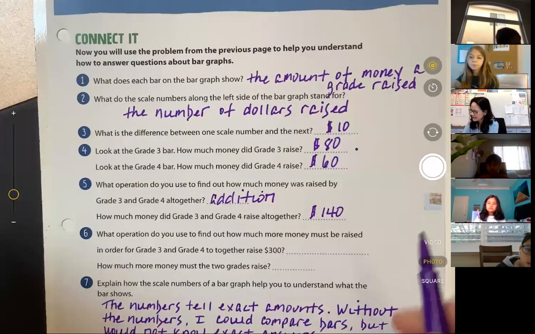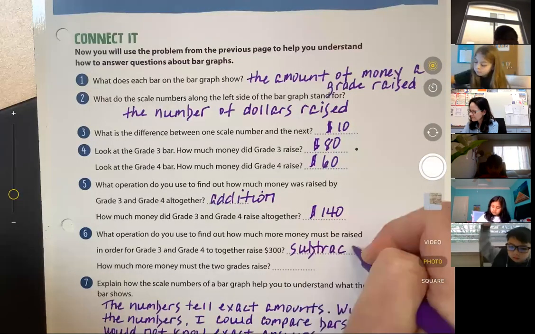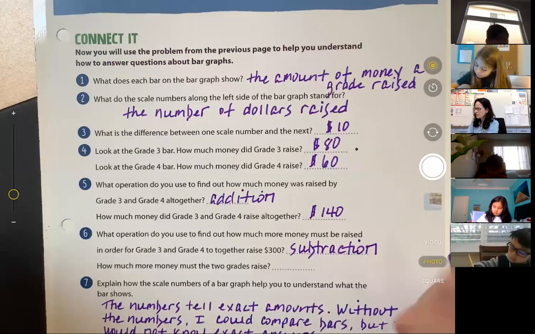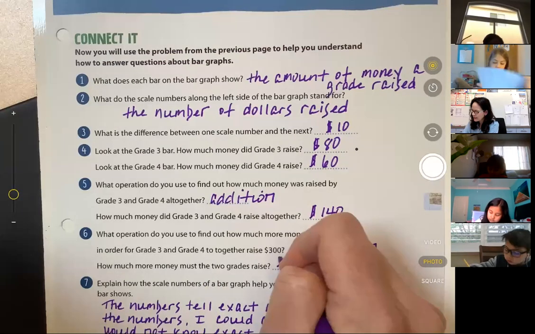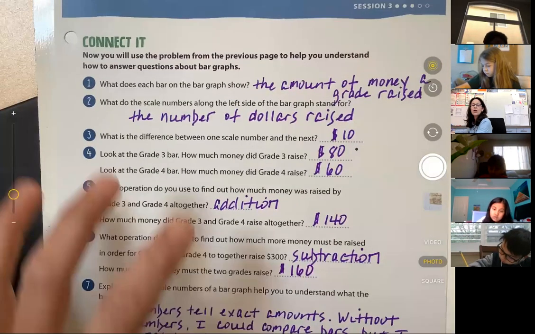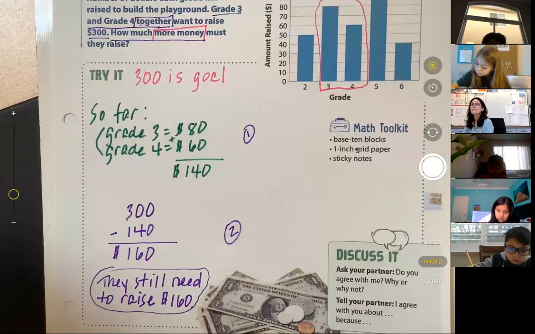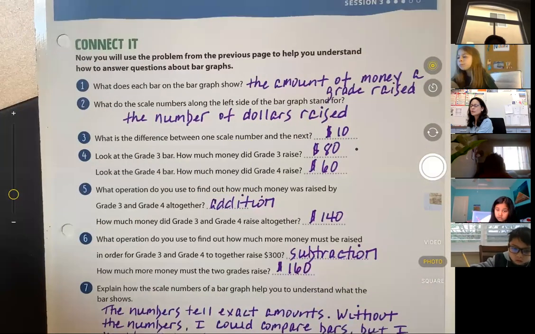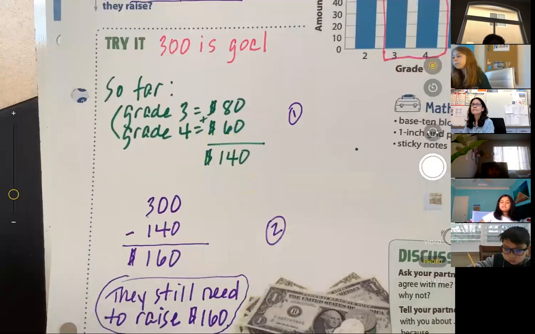And again, that is subtraction. And how much more money must the 2 grades raise? And we calculated that at $160. So friends, these are the words to everything we just did with the numbers. Okay?